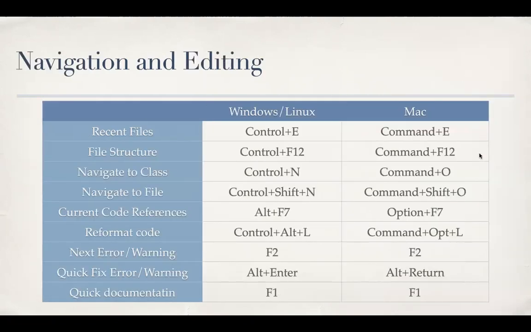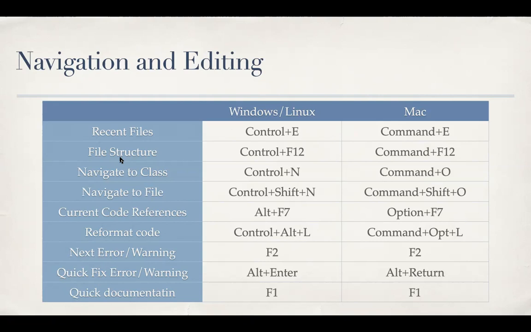So, basic navigation and editing shortcuts. You can go to recent files by doing Control E or Command E, and it gives you a pop-up of the files you have recently visited, and it's easy to switch to that file instead of looking for it in the project tool window. File structure, that is what is inside a file.